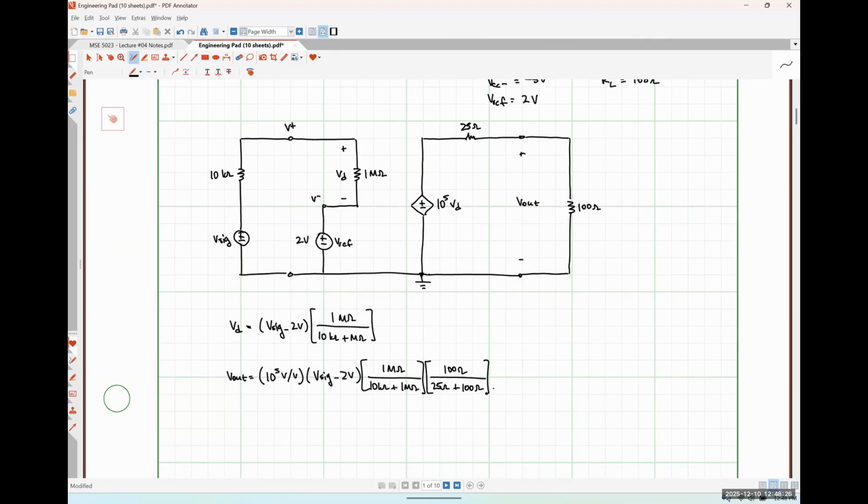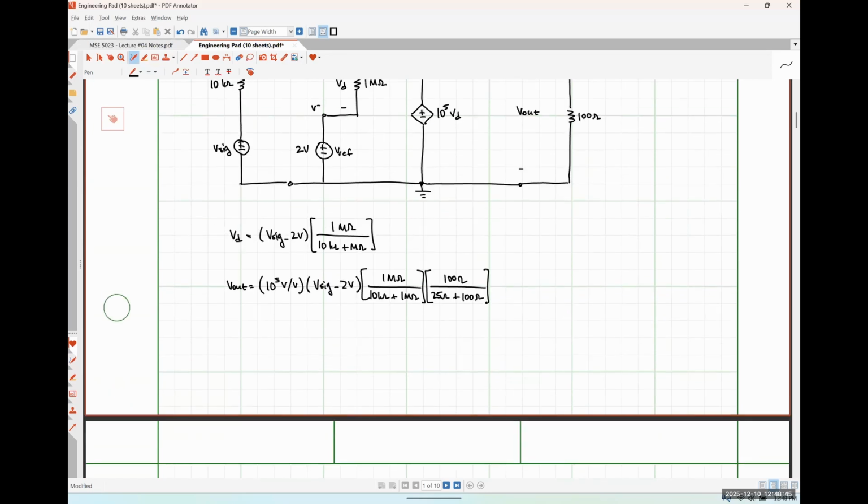So what I'm going to do is use the fact that Vout is a known quantity to figure out what the maximum value of our signal voltage can be before it causes saturation, and what the minimum value of our input voltage can be before it causes saturation, right?